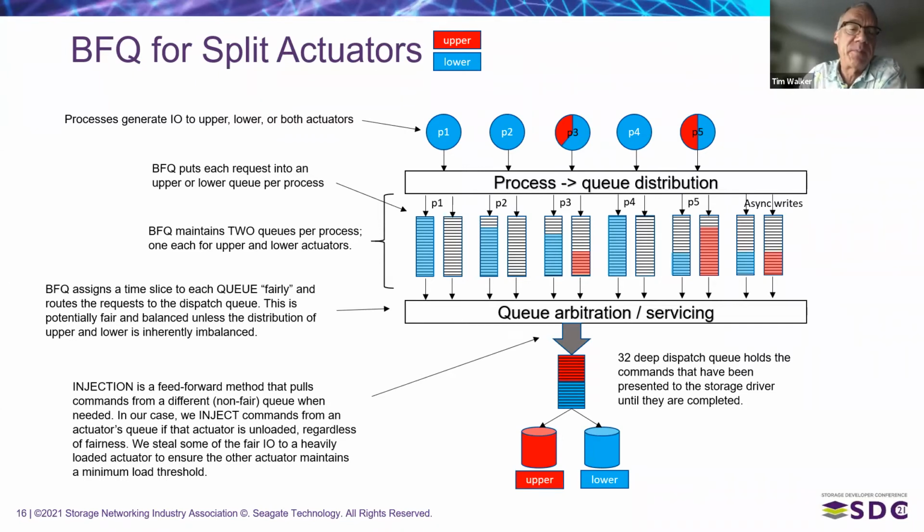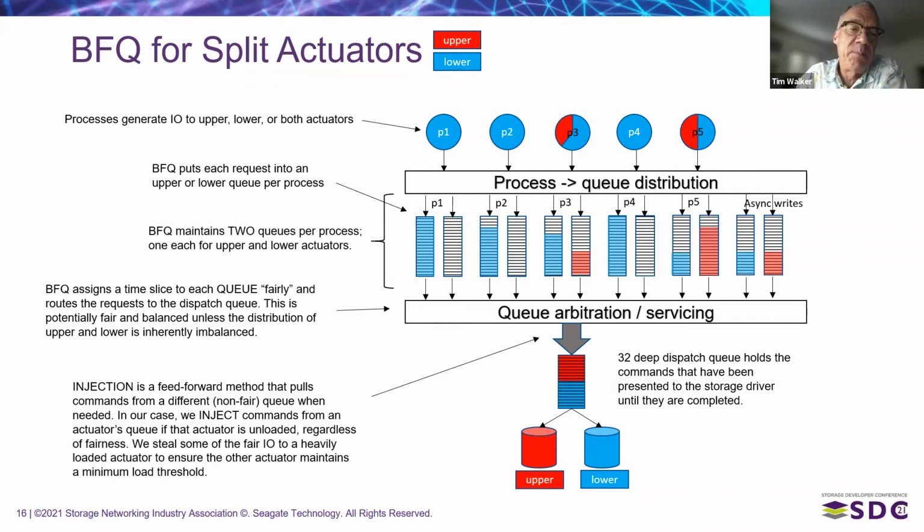This diagram shows an unfortunate workload case where processes P1, P2, and P4 are all generating IO that's destined for the lower actuator, and P3 and P5 are generating a mixed load.